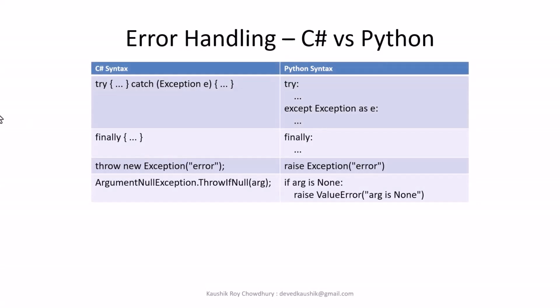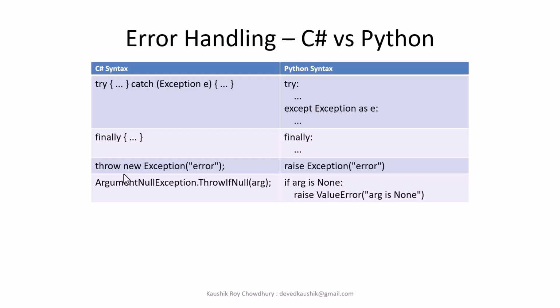Right. And then error handling. Error handling in C# and Python are quite similar, except here it is try catch exception, and here it is try and except exception as E. And this is no catch, it is except. And then of course finally, and instead of throw new, we raise exception with the raise keyword.